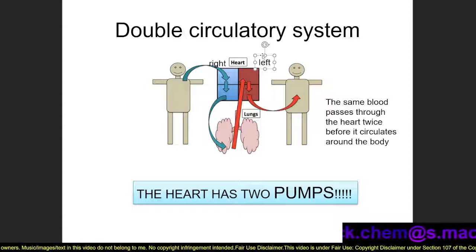The blood from the lungs will return to the left side of the heart. Another pump needs to squeeze once more in order to get the blood out of the left side of the heart to circulate around the rest of the body. Right, so we say that the heart has two pumps. We will look at this in more detail later on.